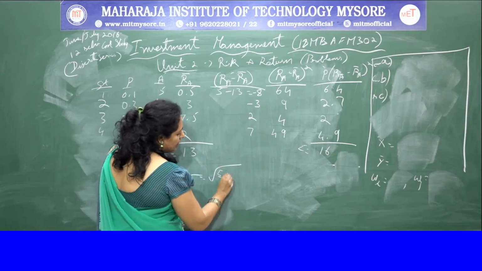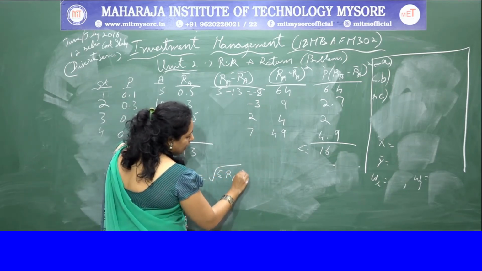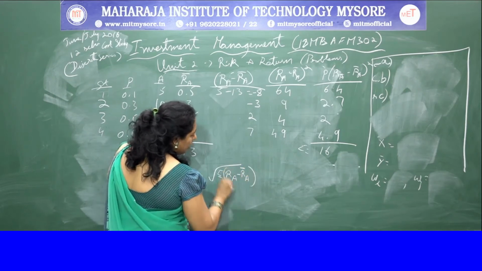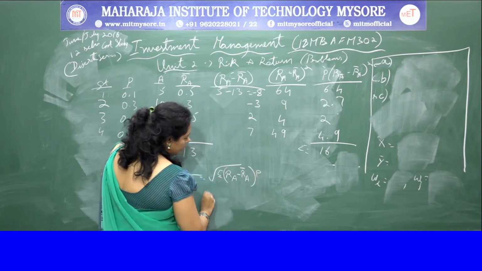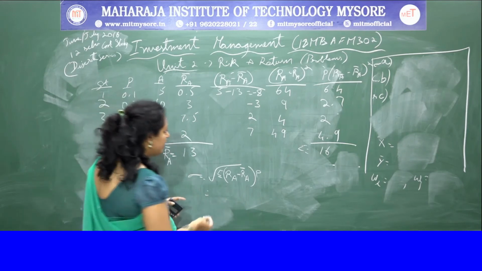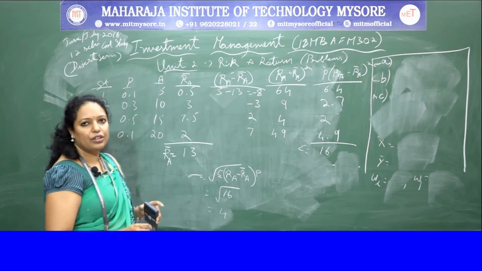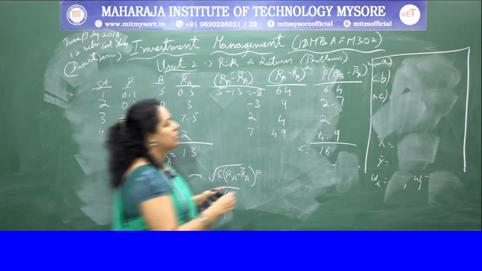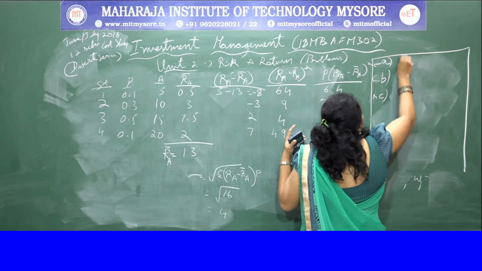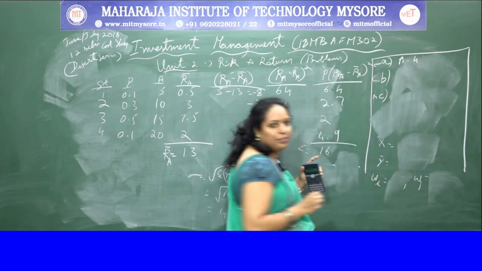Standard deviation is the root of RA minus RA bar square into probability. There is no n minus 1. Remember that. So, 16. Root of 16 is 4. So, your answer of standard deviation of A security is 4.